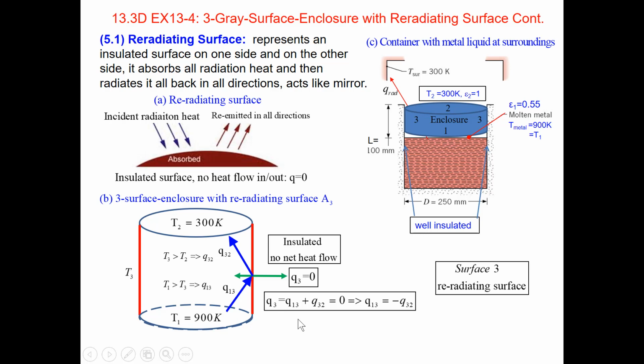In order to match zero net heat flow, the same amount of radiation heat is reflected away from surface A3. Therefore, surface A3 acts as a mirror, and it is a re-radiating surface. Therefore, now our enclosure becomes a 3 gray surface enclosure with a re-radiating surface.